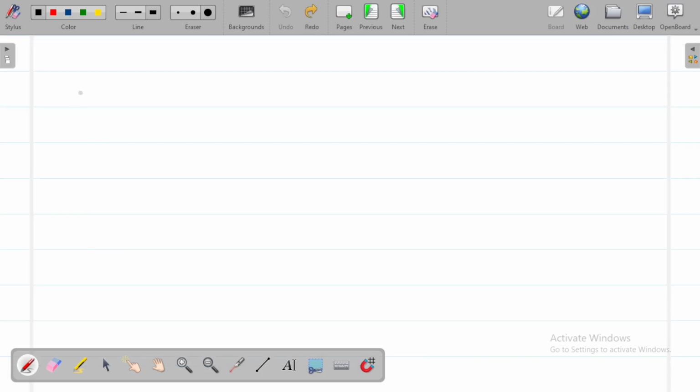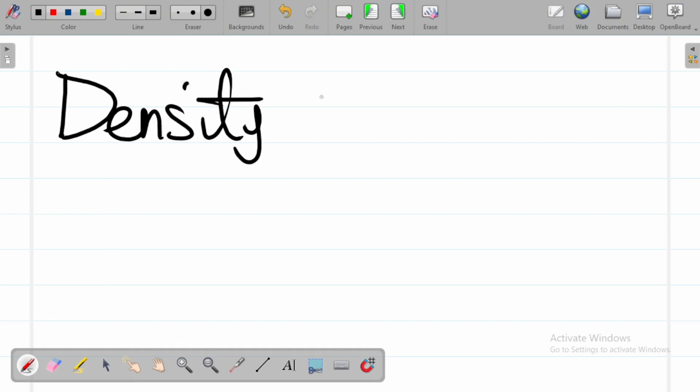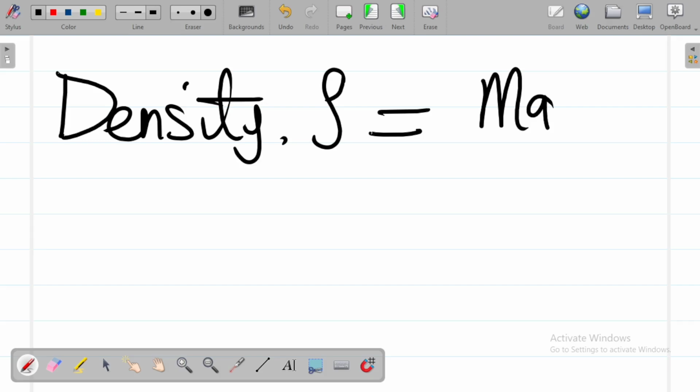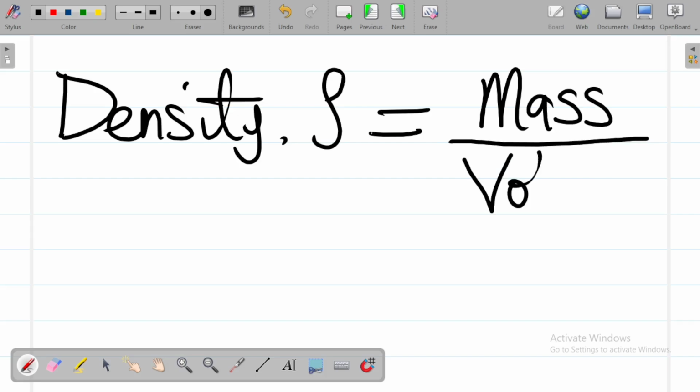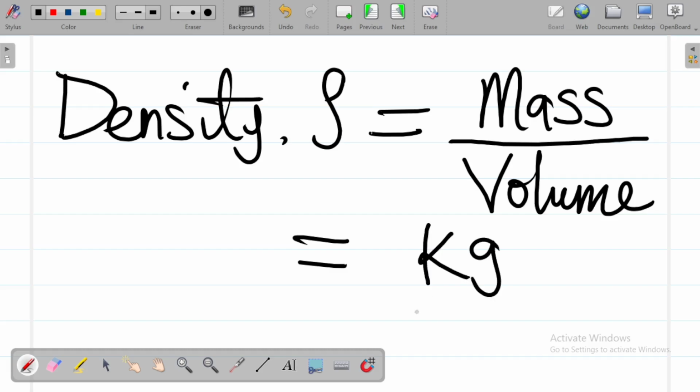The third example of derived unit is density, which is rho. And the formula for density is mass all over volume. Now remember that mass is measured in kg, kilogram.